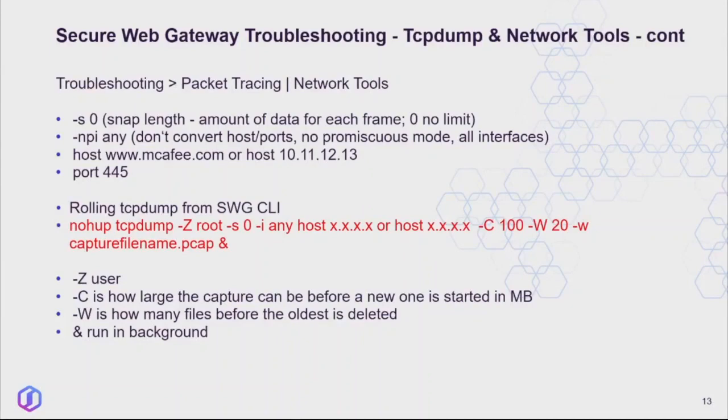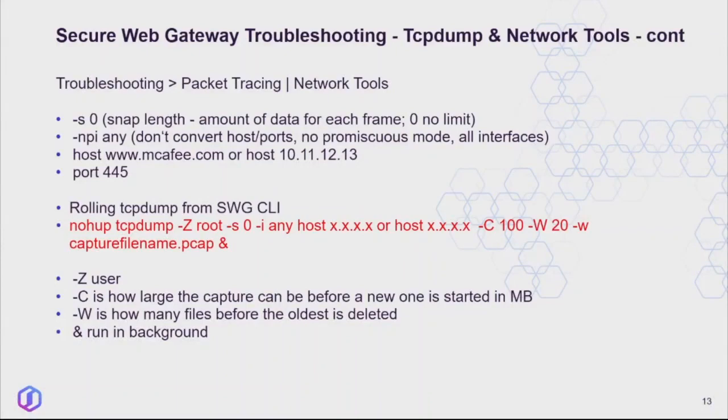So if you were to add host and then a destination, or the host as a local client, that means the TCP dump is going to capture client to web gateway and then also web gateway to destination. You could tag a port on the end as well. So if you wanted to capture DNS as well, on the slide it's 445 for authentication, but also port 53 would capture your DNS.